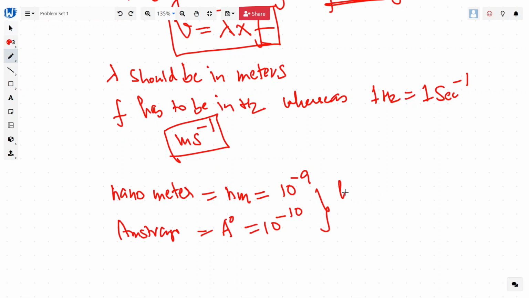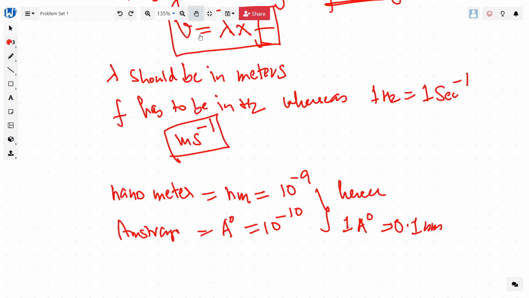Hence 1 Angstrom is equal to 0.1 nanometer.